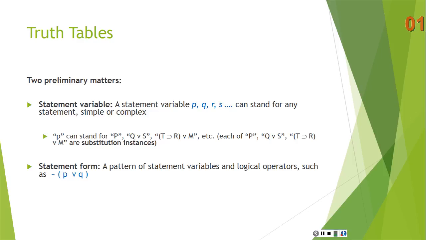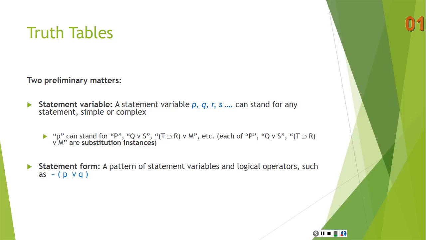So a statement variable is a lowercase letter in English that can stand for any statement in propositional logic, simple or complex. This is important because when we do our truth tables, I will be using statement variables, at least when I show you how to construct a truth table.